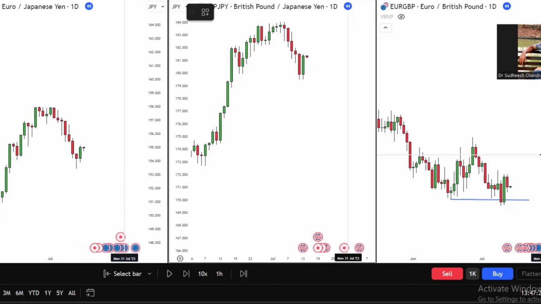But in that case, the price went down to a fair value gap. Which one? That's an internal range liquidity, isn't it?